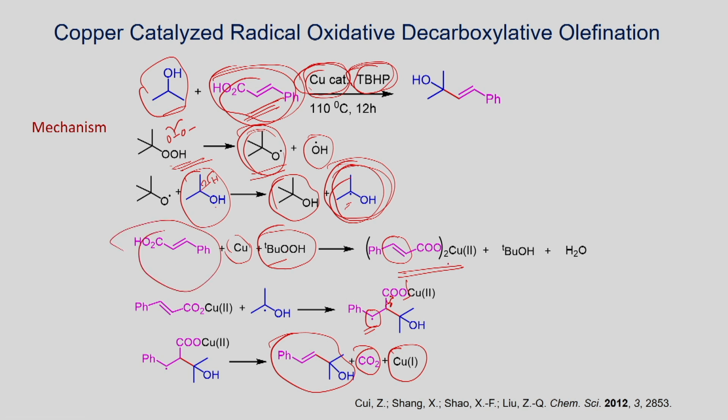You form this copper 2 complex. Once you form this one, now the radical undergoes reaction with this double bond, followed by decarboxylation, which can lead to the formation of an alkene having this alcohol functional group, where you generate carbon dioxide as a byproduct.